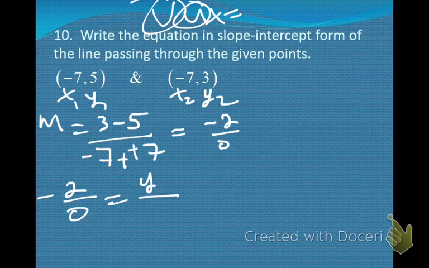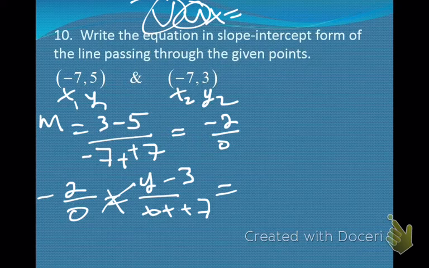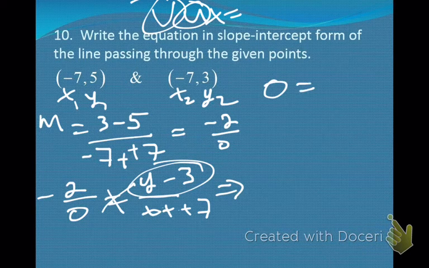Okay, remember we have to have a y and an x, so leave that in here. That leaves just 1 point to plug in. So we can go y minus 3 equals x minus a negative 7. Make that plus plus. And then we cross multiply. 0 times y minus 3 is just 0.